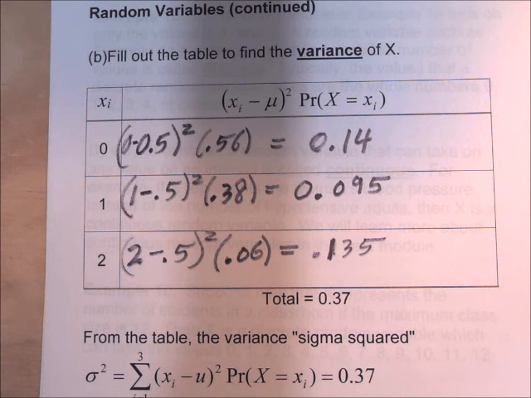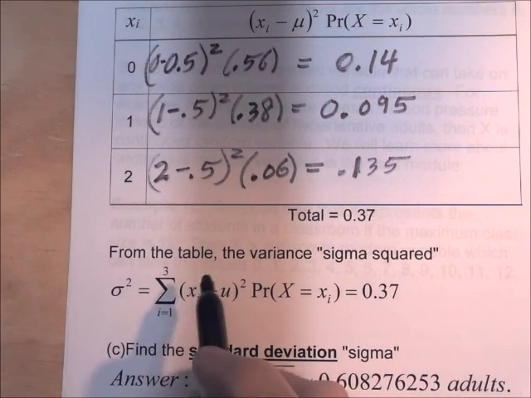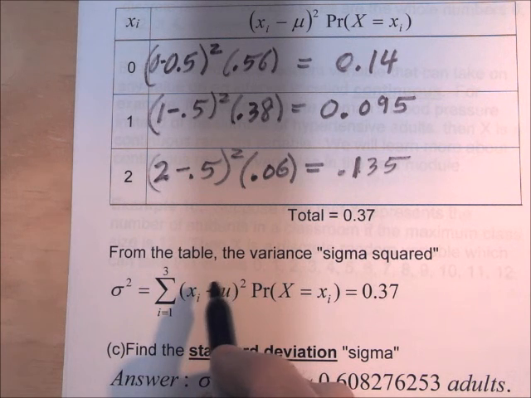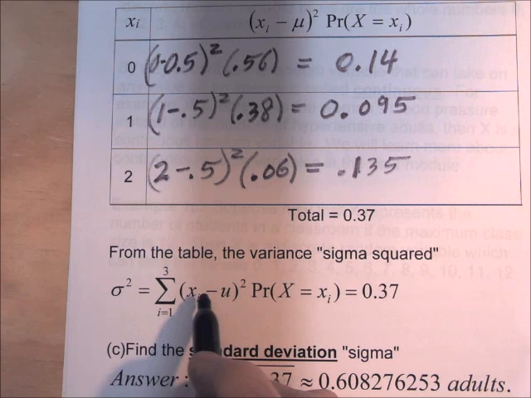So that's the variance. The variance is 0.37. Again, here's the formula. This formula just basically tells you what operations to do in what order.